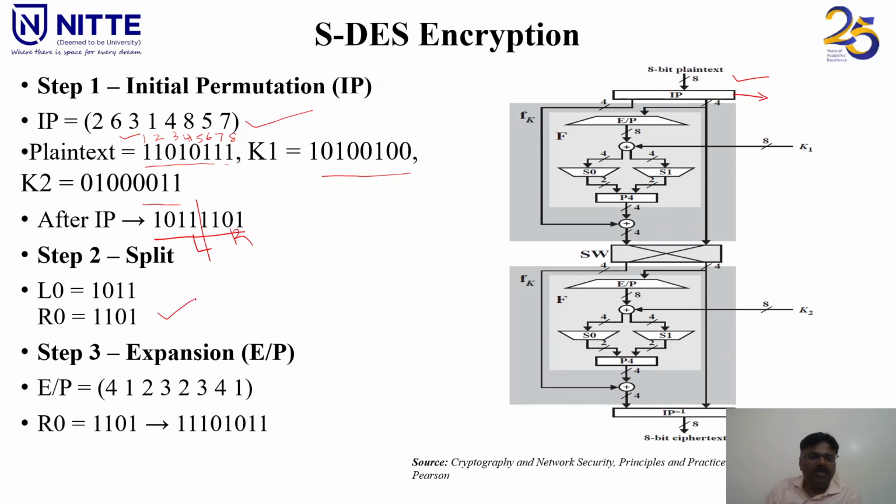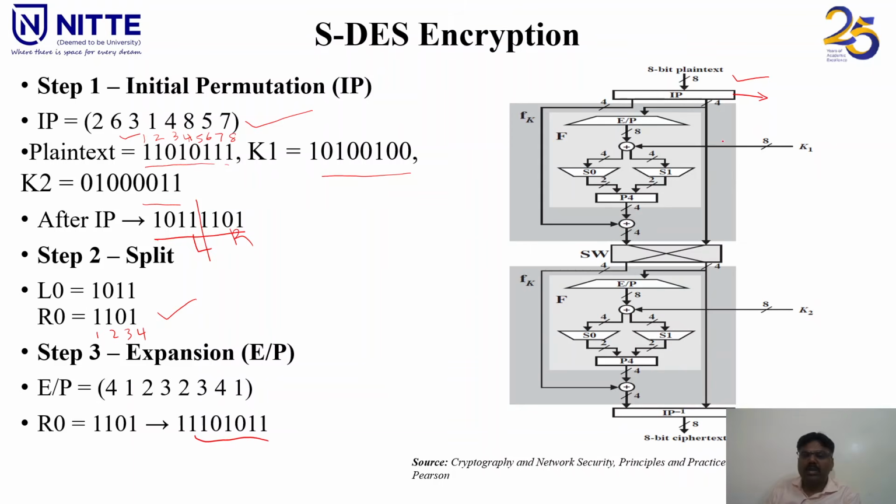The right side half I'll use to expand those values into 8 bits. So again I'll write the numbers 1, 2, 3, 4. These numbers will be rearranged with respect to the expanded permutation.